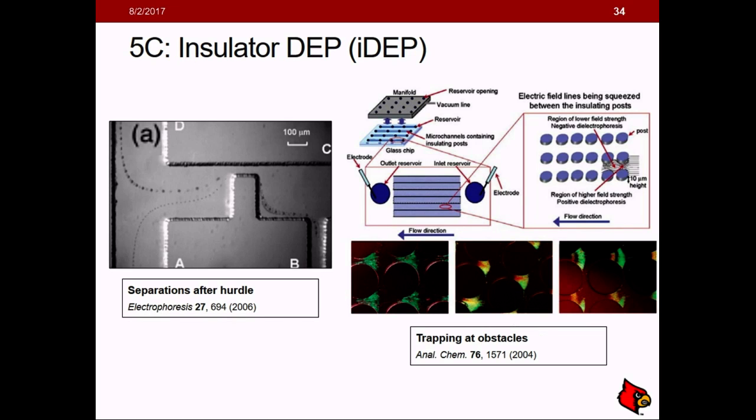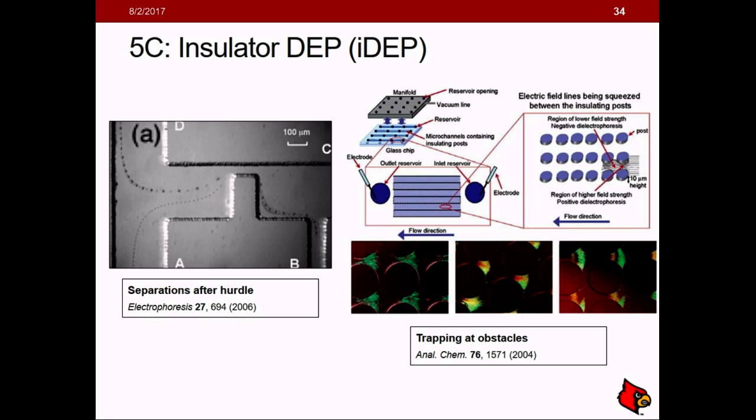Insulator dielectrophoresis is a way of generating non-uniform fields using insulative structures as opposed to patterned microelectrodes.